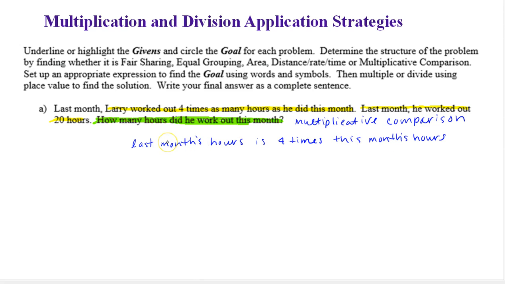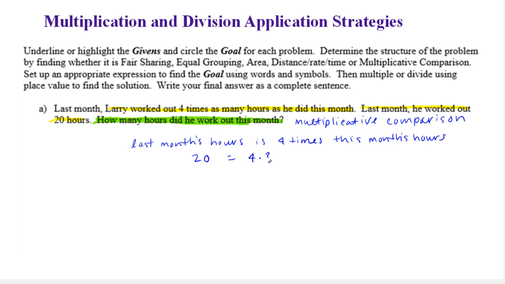Okay, so now we're given 4, so the multiplicative number. Okay, and then are we given last month's or this month's? So it says last month he worked out 20 hours. So we're given last month's hours, so we could think of that as equal to 4 times this month's hours.